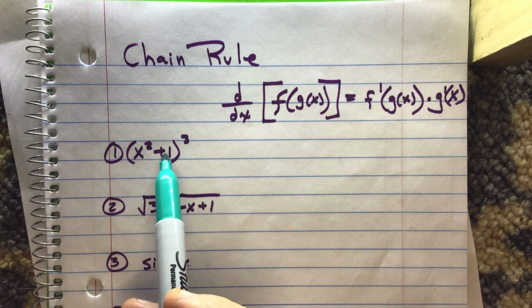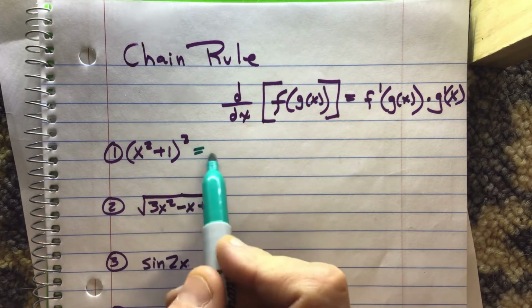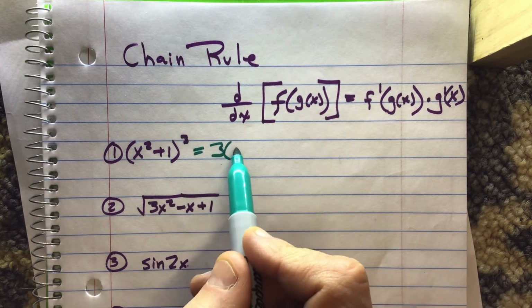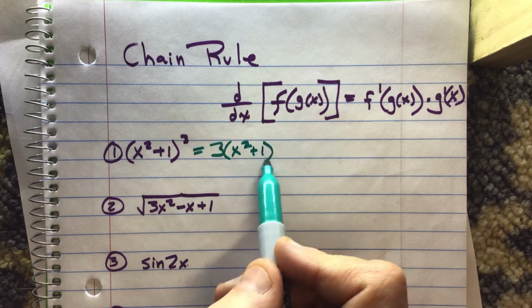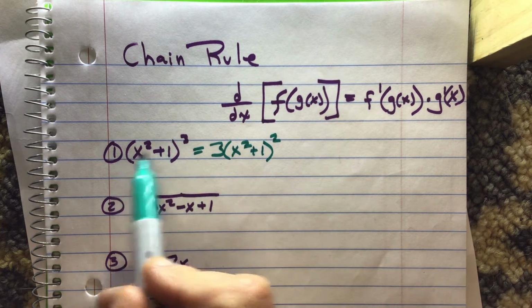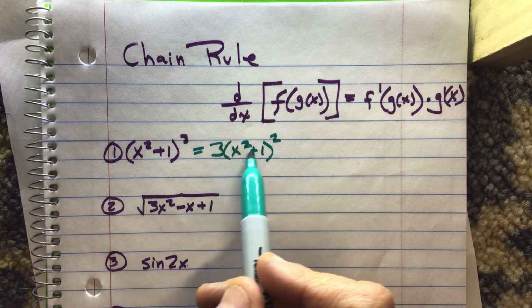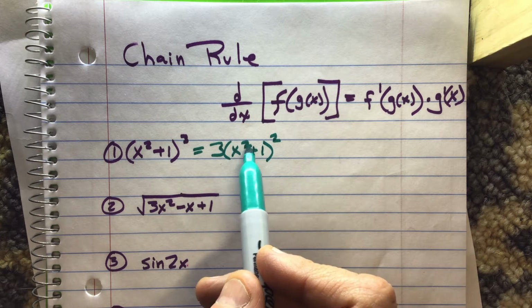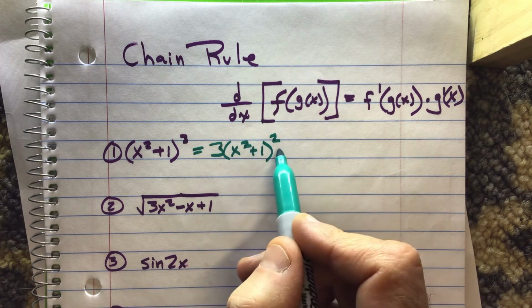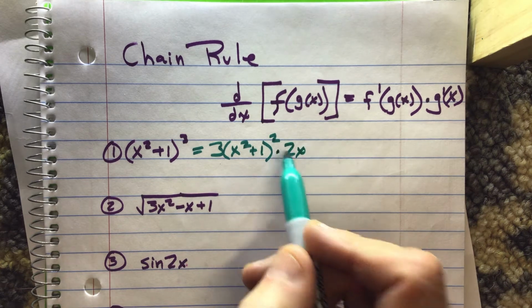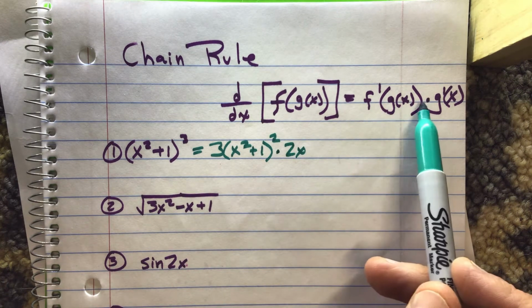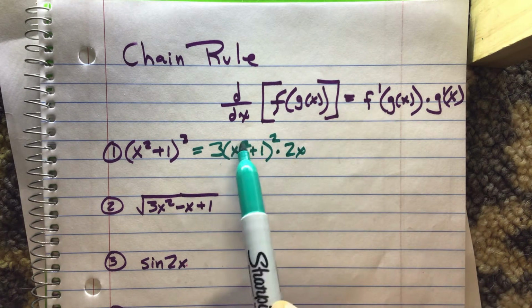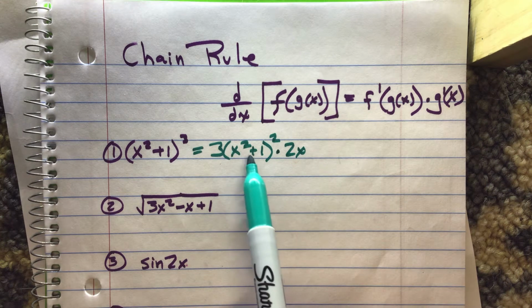So we'll take the derivative of the outermost, which looks like this, 3 times x squared plus 1 to the second power. So I multiplied by 3 and subtracted 1. But now I have the derivative of the innermost function, which is 2x, so times 2x. So I've done exactly what it says here: the derivative of the outermost times the derivative of the innermost.